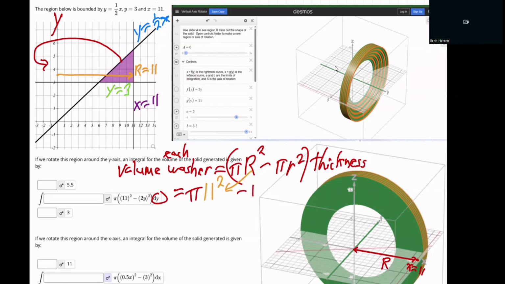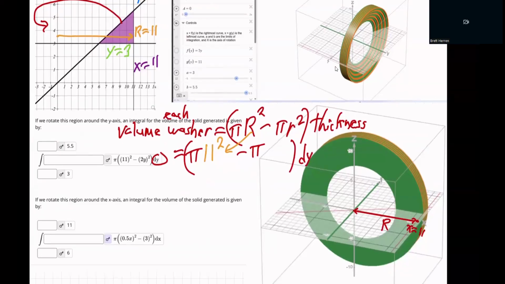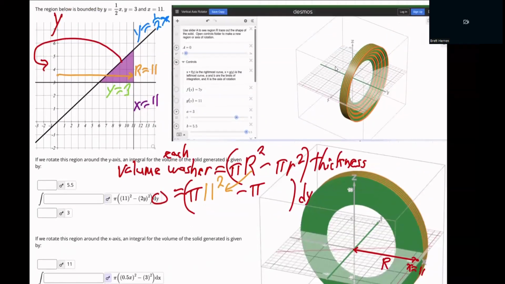Minus pi, and now the inner radius. And then we already said the thickness is dy, right? The thickness is going in this direction. We're stacking them up, dy. See the little thickness going that way. Okay, anyway, what is the little inner radius? We can see it right here. That's the little r. And what is that? Well, that's the x value for that equation right there.